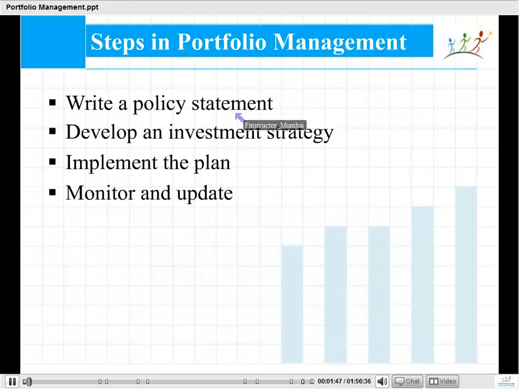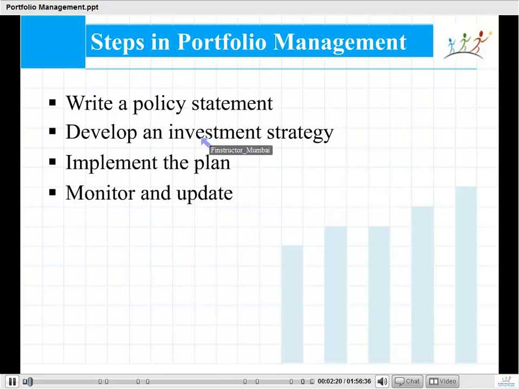Once you have documented the policy statement, you need to develop an investment strategy. The investment strategy will come from evaluating the capital market expectations, seeing what returns equity is expected to give, what returns the fixed income market is expected to give, what returns any alternative assets can give us, and deciding, based on the return and risk objectives and the capital market expectations, where clients' money should be invested such that all objectives are met.